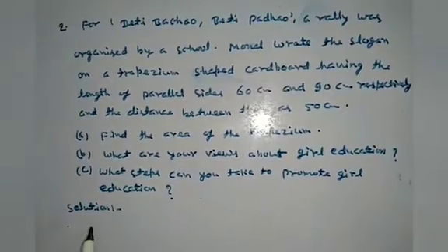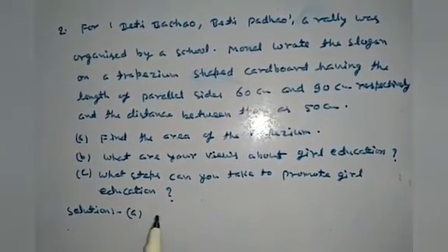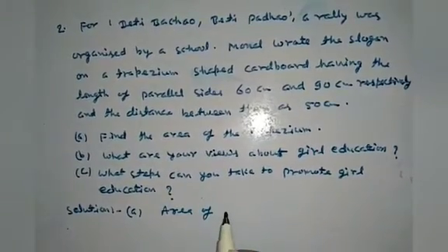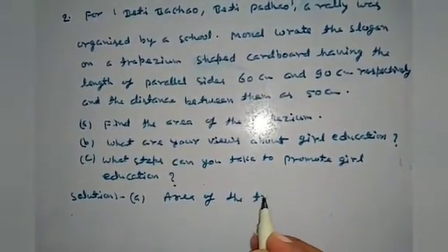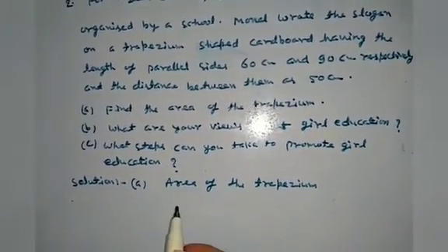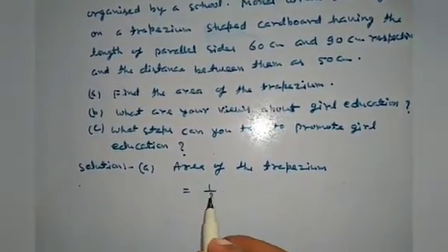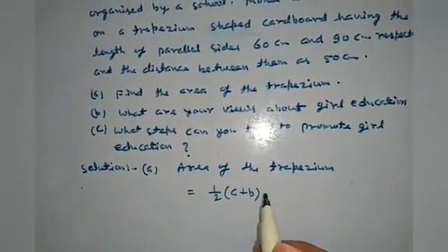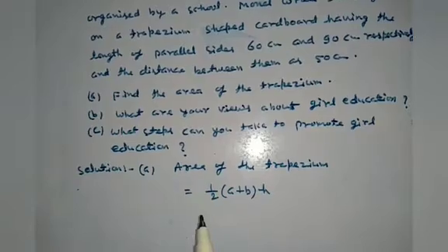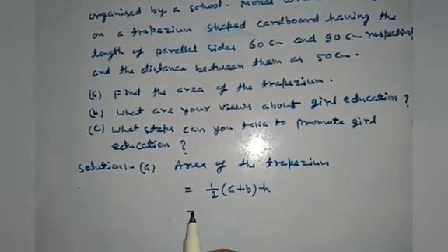Solution. Number A, area of the trapezium equal to half into (A plus B) into H. This is the formula for area of the trapezium.